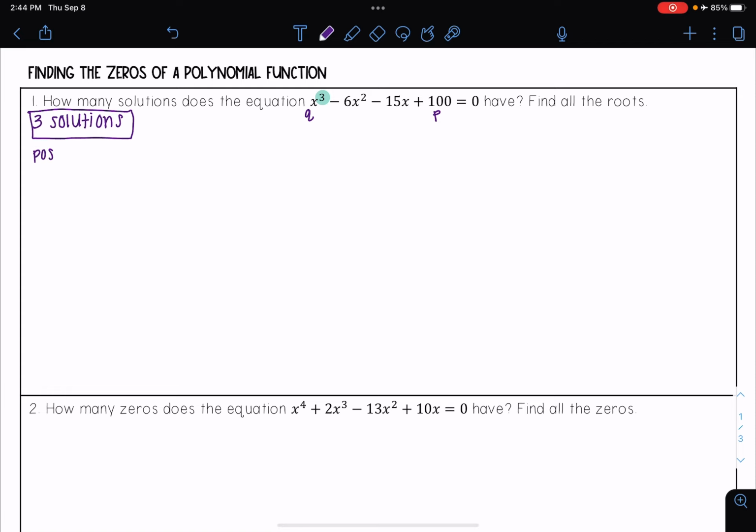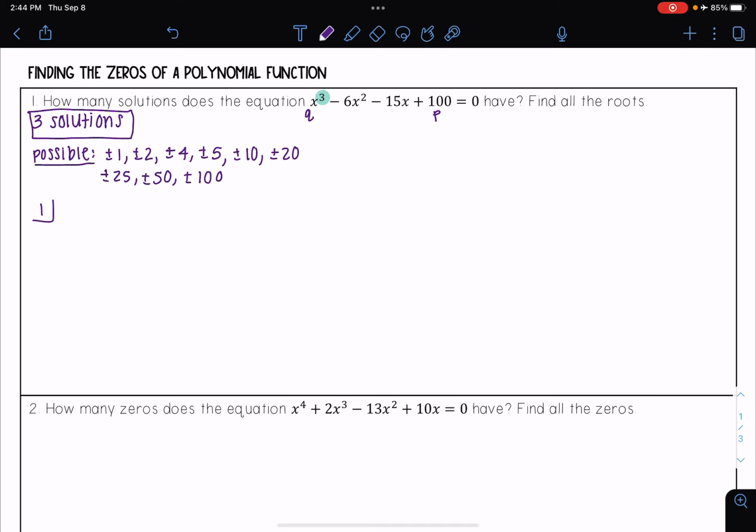My possible roots are 1, 2, 4, 5, 10, 20, 25, 50, and 100. I like to always start with 1 and do synthetic division and see if that one works, and then go up from there.